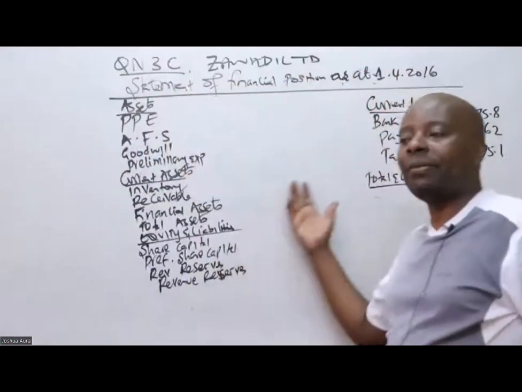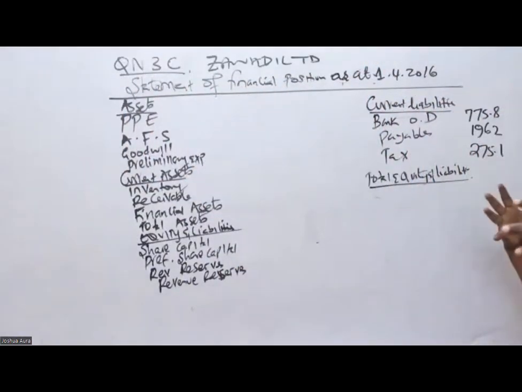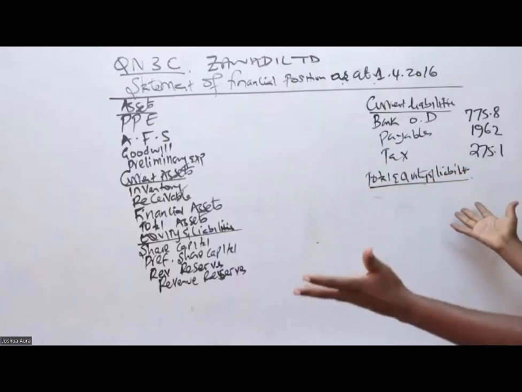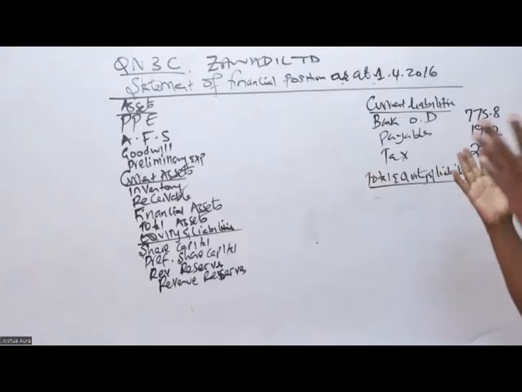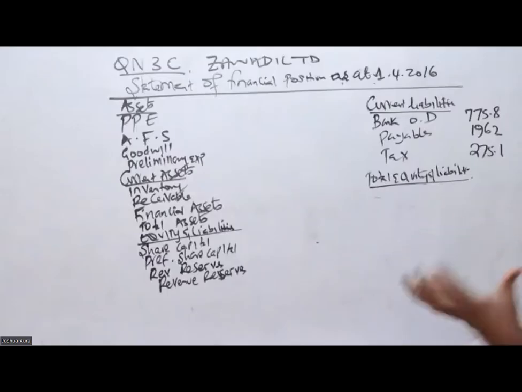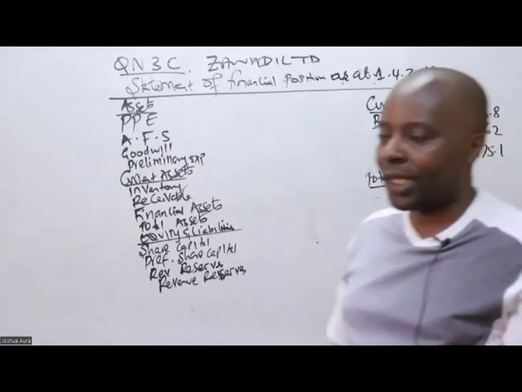I've been told that the current liabilities into this new entity called Zawadi, that we shall transfer from Hasara Limited, are at book value. That is exactly what you do.